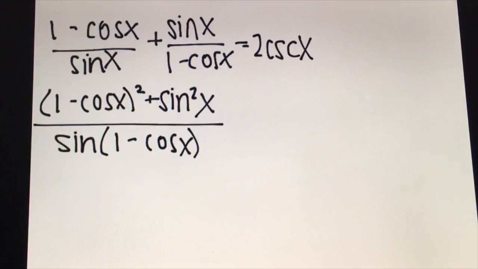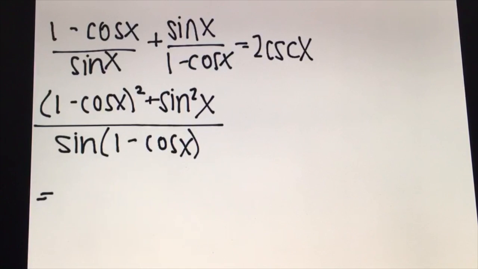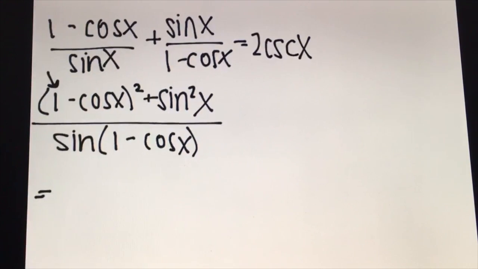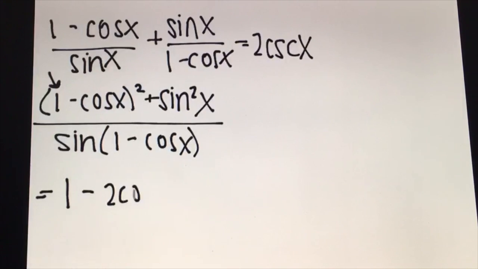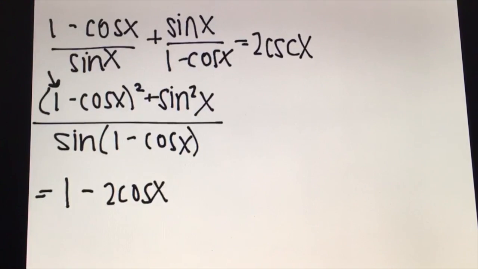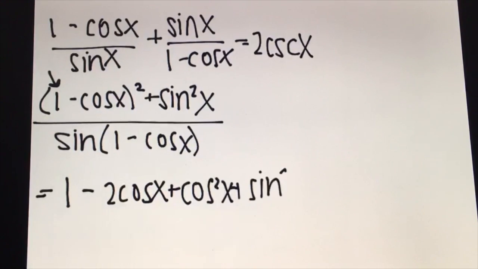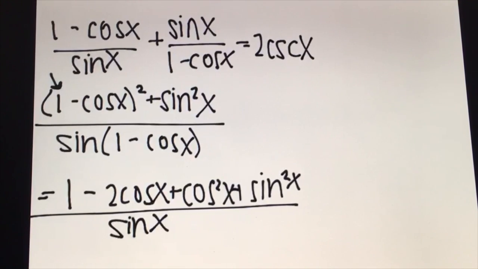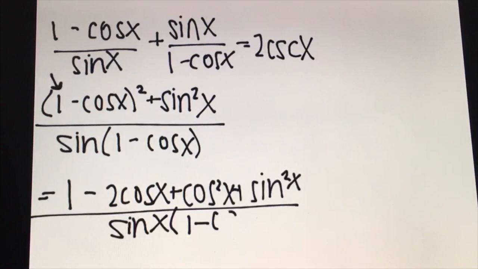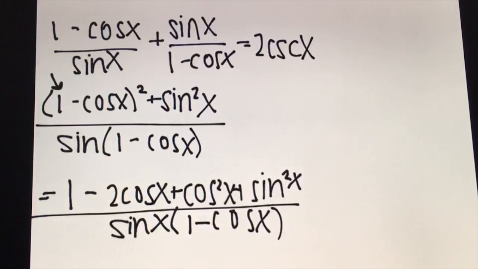So then we're going to FOIL this out, and we're going to get 1 minus 2 cosine of x plus cosine squared x plus sine squared x, divided by sine of x times (1 minus cosine of x).